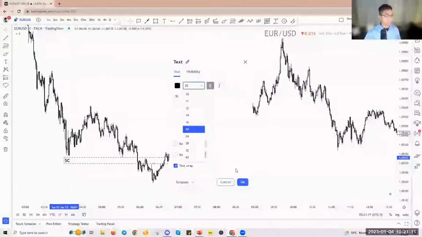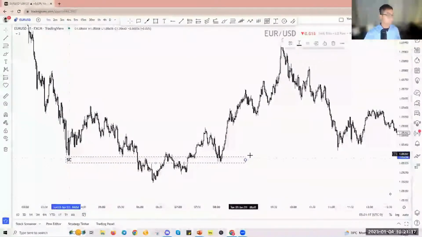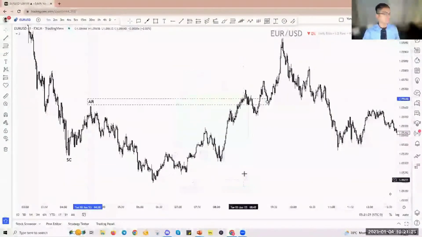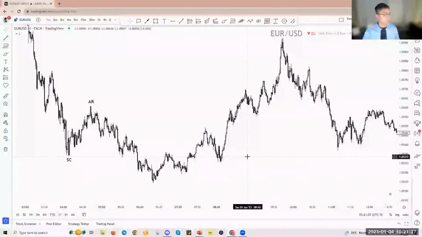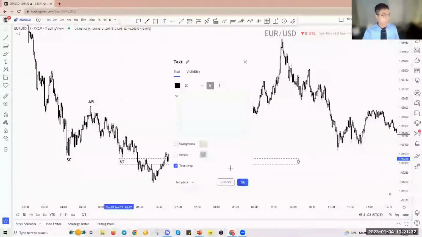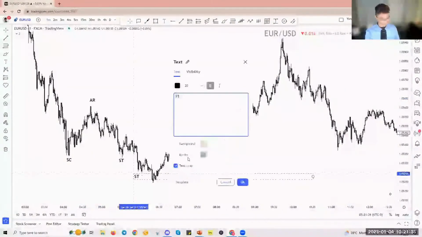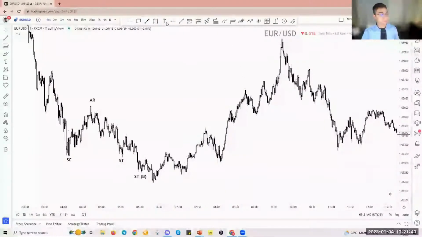Just look at the screenshot I've sent in already. Next, we follow the schematic: automatic reaction. Next, the secondary test. I'll write out all the abbreviations in a bit. Secondary test B. Next, we have the spring.